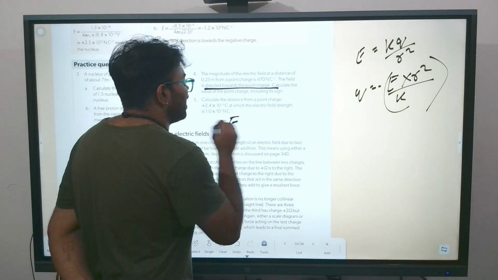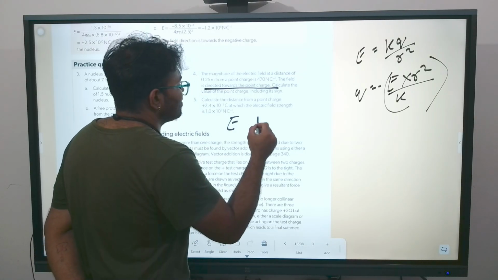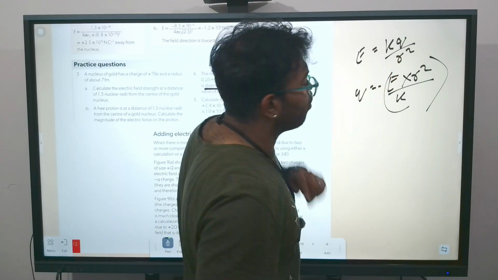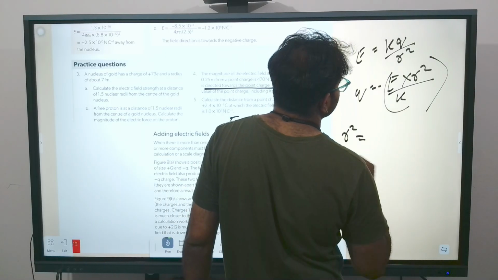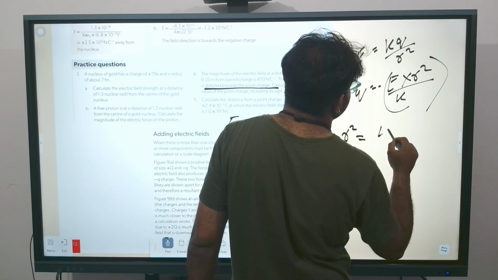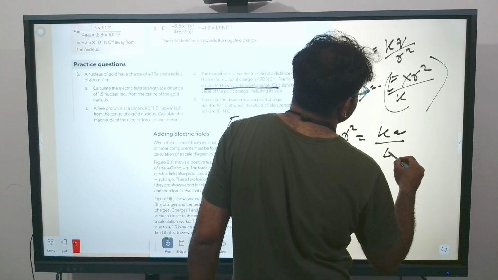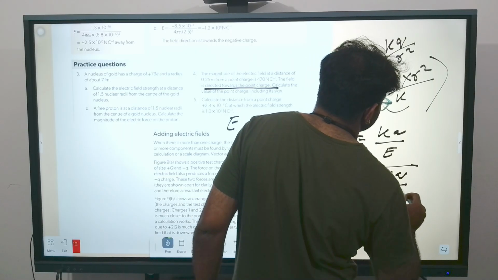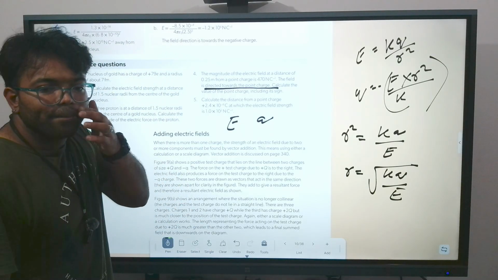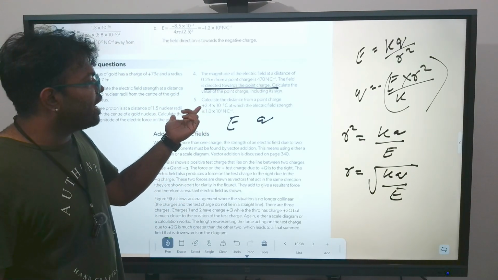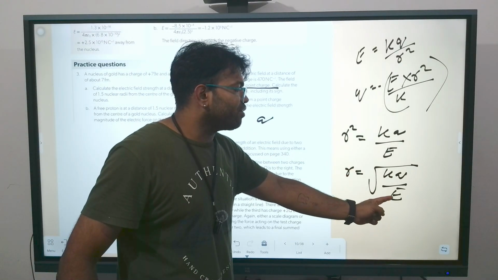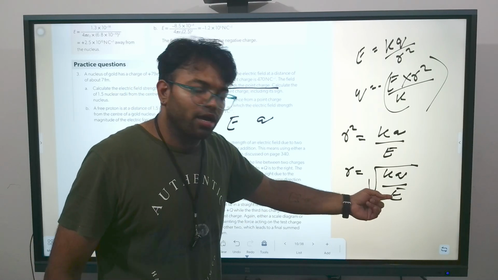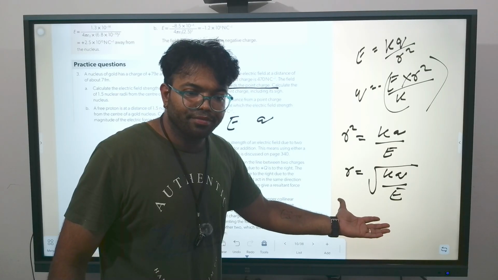Here they have given us the electric field and the charge, and all they are asking us to find is R. So R square is equal to kq upon E, and R is equal to the square root of kq upon E. Clear? They gave us the charge and the electric field, and they are asking us to find the distance between the point and the charge. Easy. Clear? Next.